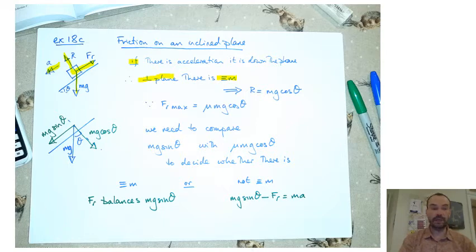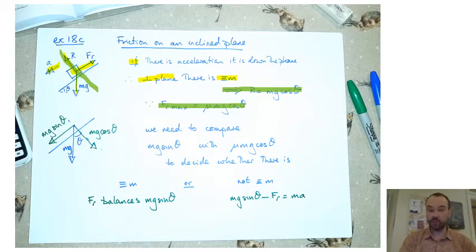So in this direction, we have the forces balancing. Now, because the maximum friction can be as mu R, we get the maximum friction could be as mu mg cos theta, mu times that value of R.